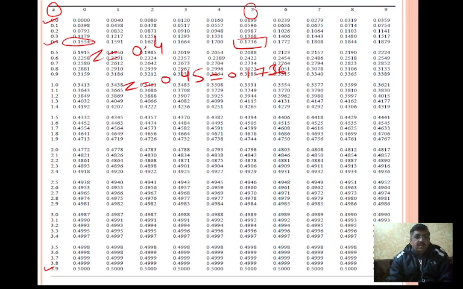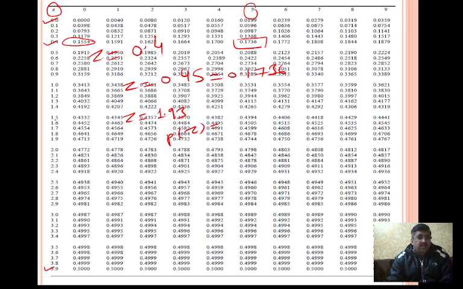Similarly, can somebody help me in finding 1.93? If z equals 1.93, what will the probability of z be? So for z equals 1.93, what we are basically calculating is the probability of z, right? And the probability of z equals 1.93, for example, is what?